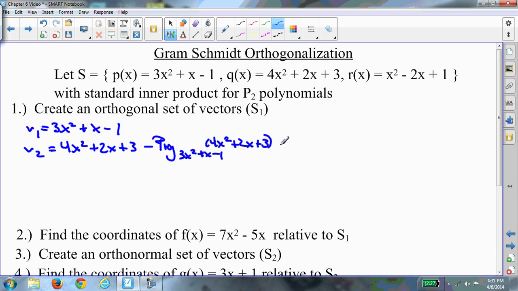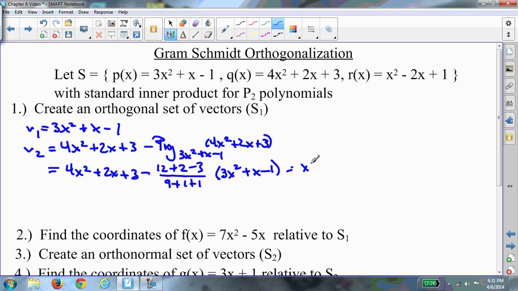So if I do this, it's going to equal 4x squared plus 2x plus 3 minus the dot product between the vectors, and we do that by multiplying the corresponding coefficients. So that's going to be 4 plus 2 minus 3 over the magnitude of the vector that I'm projecting onto, 9 plus 1, times the vector that I'm projecting onto, 3x squared plus x minus 1. So if I substitute all of that into my calculator, I get the polynomial x squared plus x plus 4. So that's going to be my v sub 2.